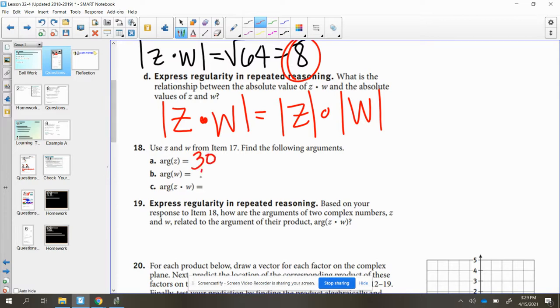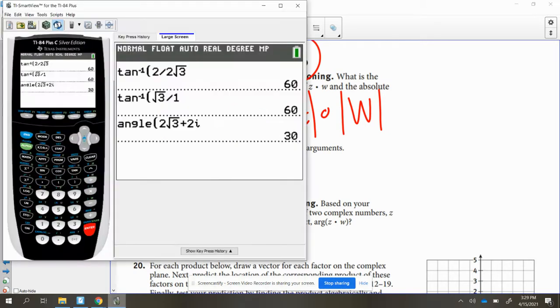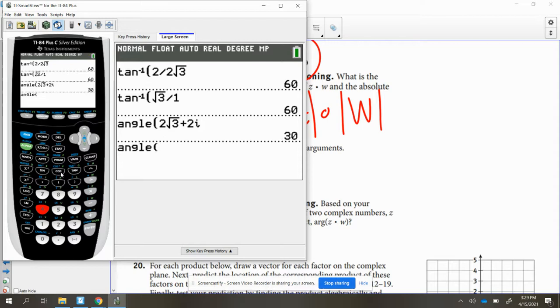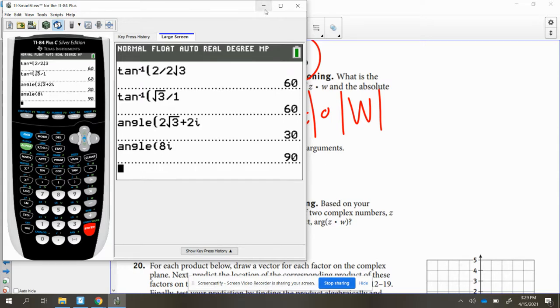So we have 30, we have 60. And then when we multiply, what we would see is the argument on that one using 8i, and again, math menu, scroll over to complex, and then option 4 is the angle measure. If we do 8i, we see that our argument is 90 degrees.